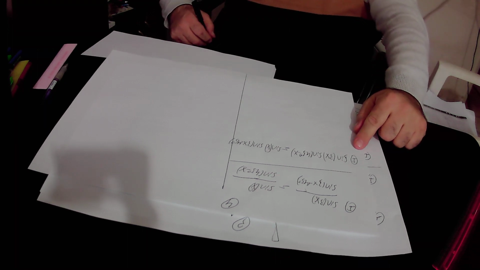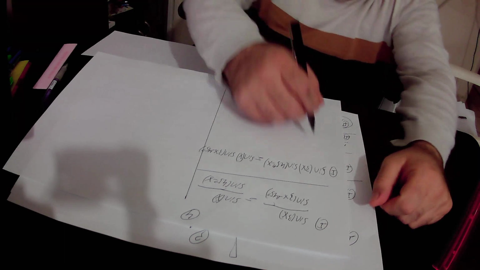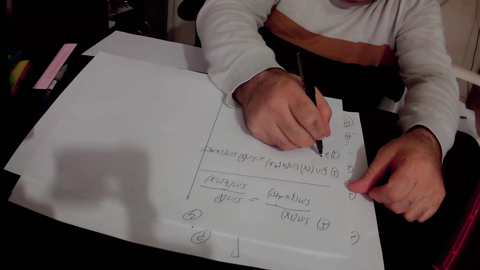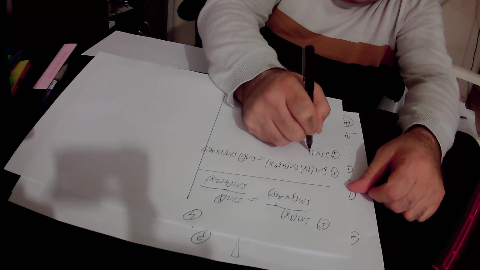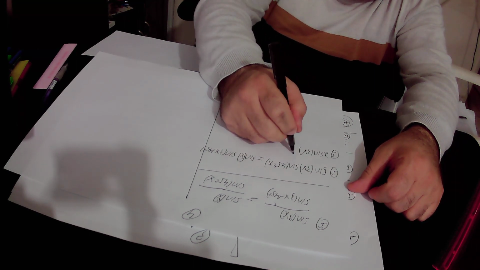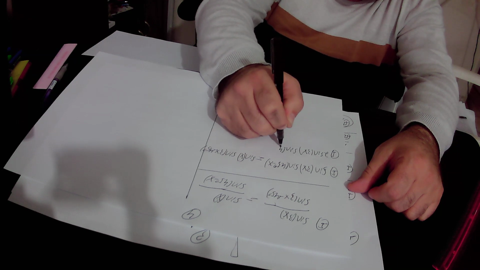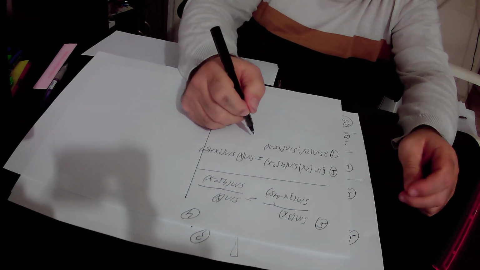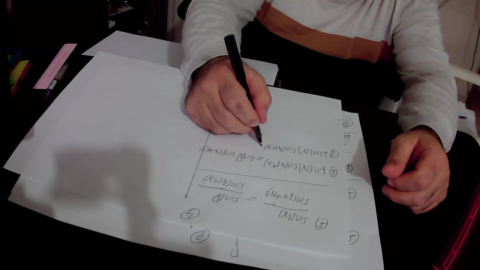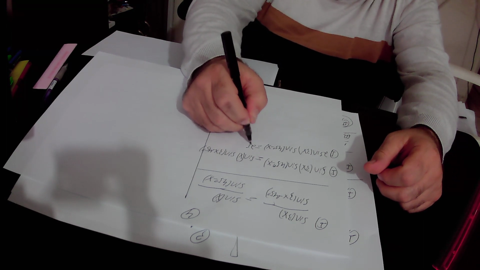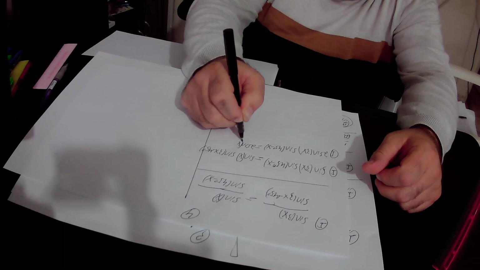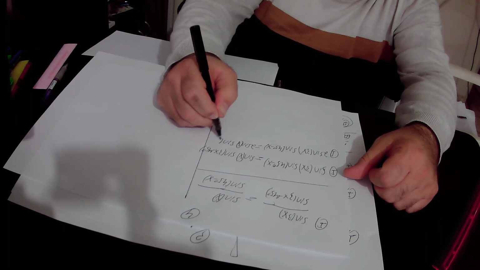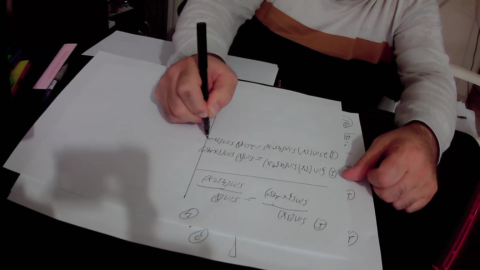So here we will multiply equation number 1 by 2, and we will get that 2 sine 3x sine (45 degrees minus x) equals 2 sine x sine (3x plus 45 degrees).